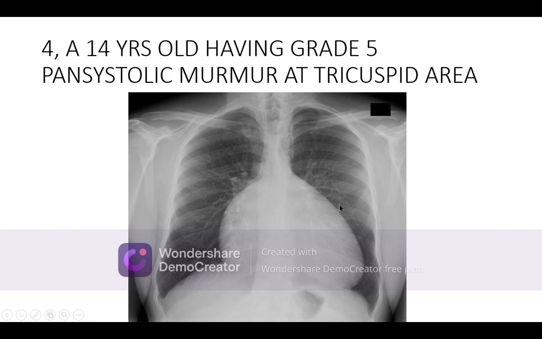The fourth one: a 14-year-old having a grade 5 pansystolic murmur at the tricuspid area. All parameters are fulfilled: the bony skeleton, the soft tissue shadow of the trachea, lung field, first apex with the apex, second intercostal space with the second. Compare it.